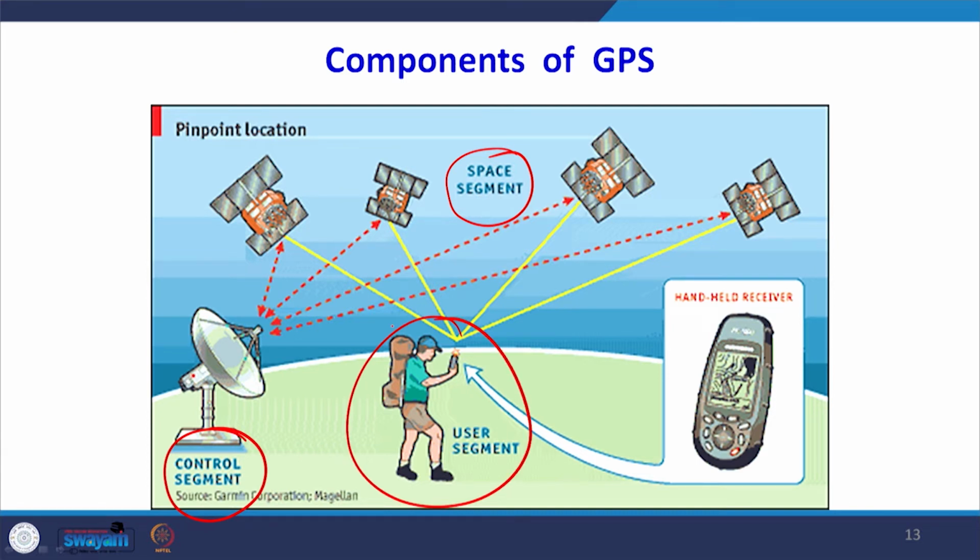We have a receiver device, shown over here as a handheld receiver for example, and this receiver device is directly communicating with the space segment, the satellites which are visible from that particular location. All 24 satellites are not visible from a single location. So, whatever is visible from that particular point, the receiver will catch the signal.